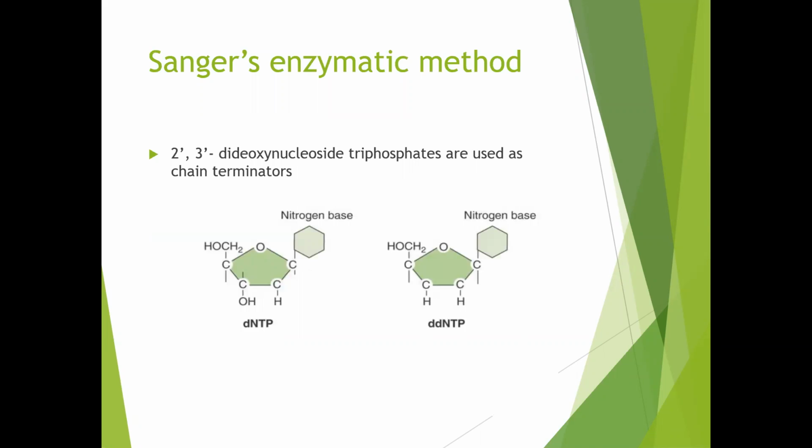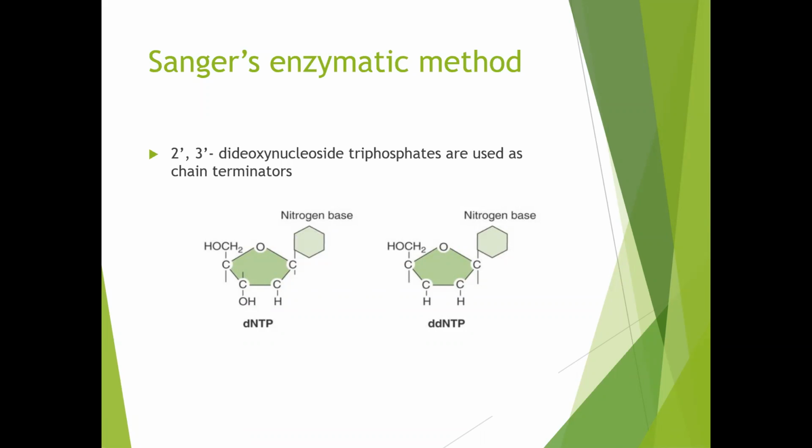So here, the main principle is that Sanger's dideoxy method follows the chain termination technique. How does this chain termination take place? We all know during the synthesis of DNA, the precursors are deoxynucleoside triphosphates.